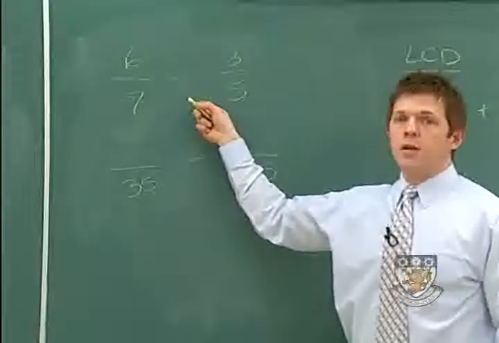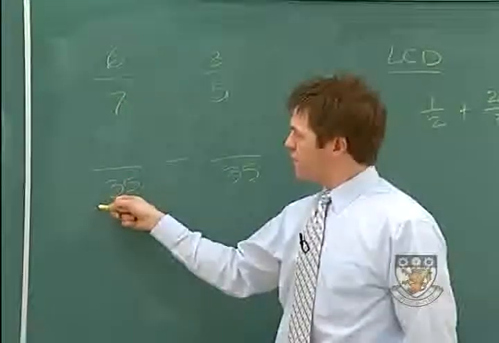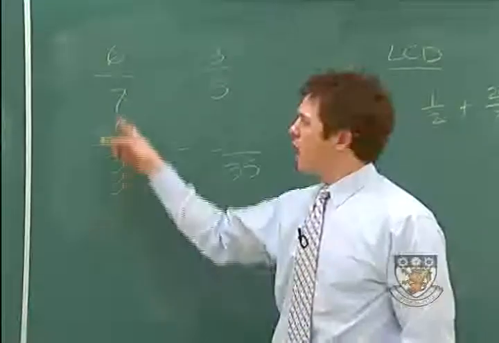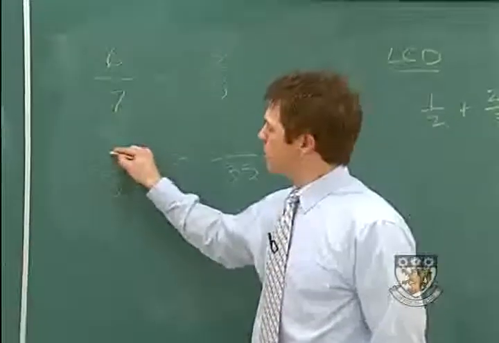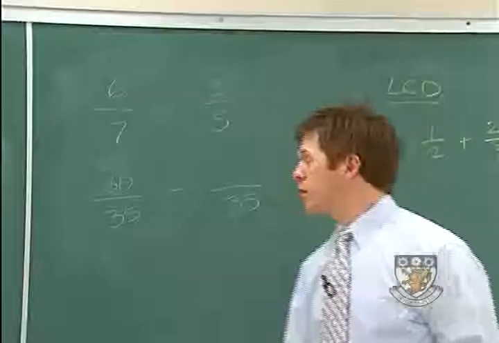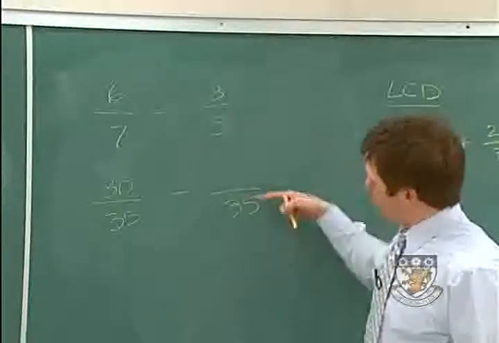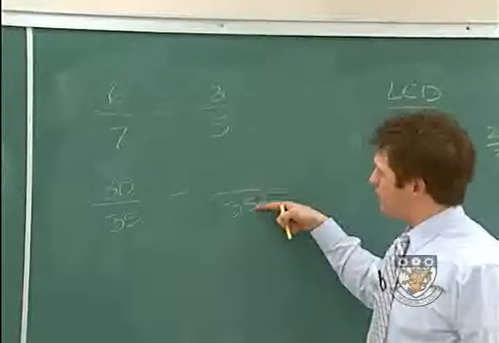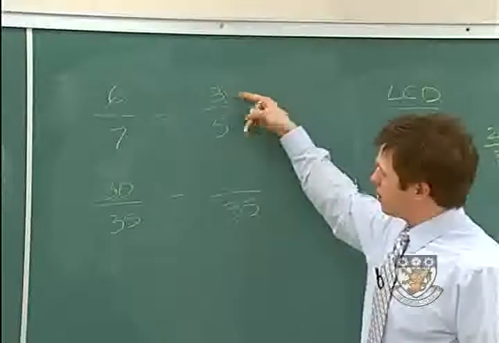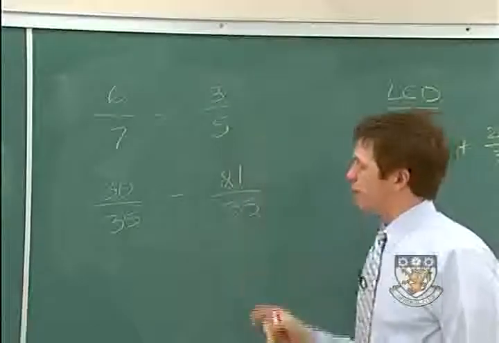Their LCM will be their product. 7 goes into 35 5 times. I take that 5, multiply it by my numerator to find my equivalent fraction. There it is, 30 over 35. Likewise, 5 goes into 35 7 times. 7 times 3, 21. Equivalent fraction here and here.